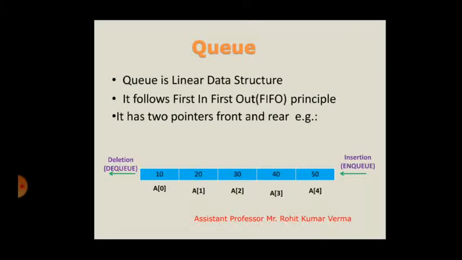Our fourth operation is the full operation, which is used to check if the queue is full or not. Our fifth operation is the empty operation, which is used to check if the queue is empty or not. So this is our brief description regarding queue and its operations.